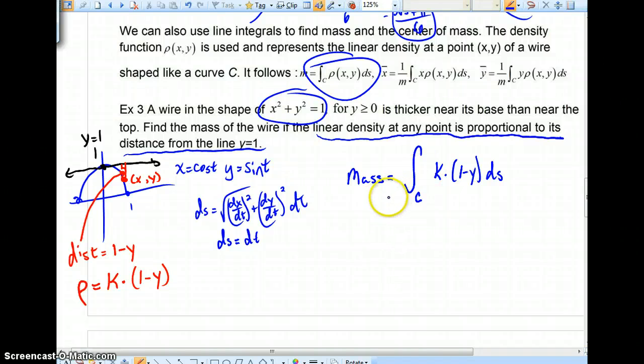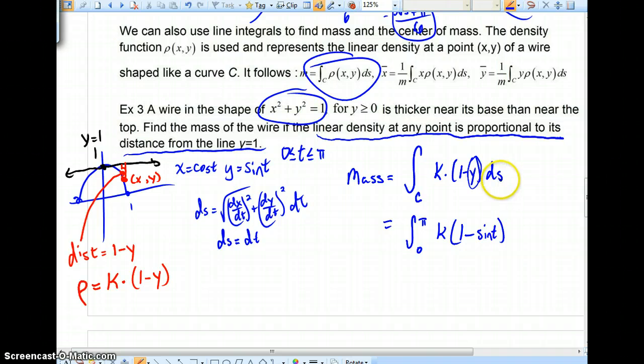But like we said, we now have our parametrization. We already know that's coming from example 1. We know that our t value was between 0 and pi, so we could go right back over there. Here we have k times 1 minus, but our y is going to be sine of t.